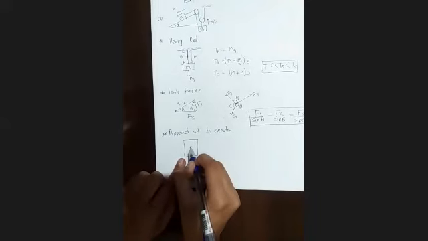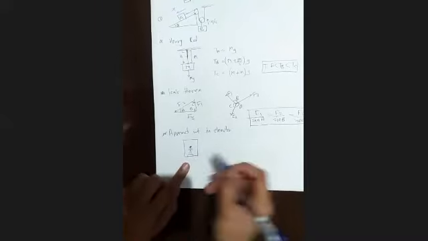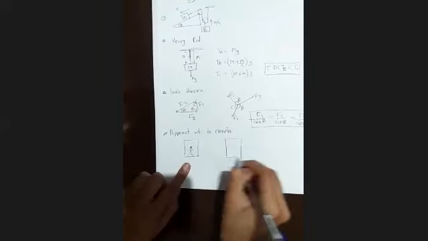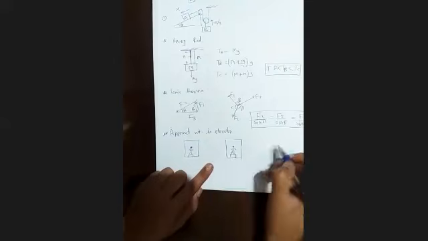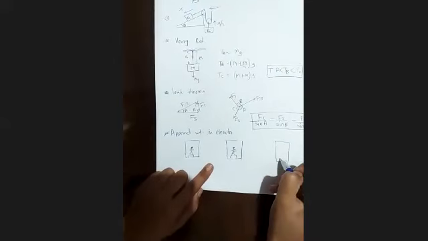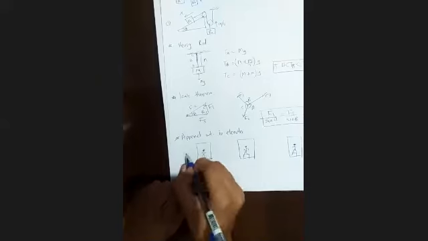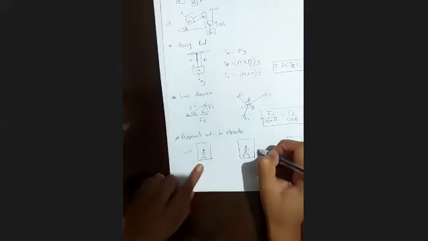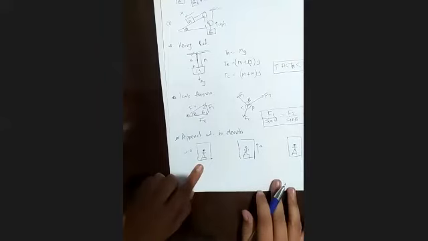The man is standing here, and in this condition three cases are there. In the first, the elevator is not moving, when acceleration is equal to 0. In the second, it is moving upwards with acceleration a, and in the third, it is moving downwards with acceleration a.